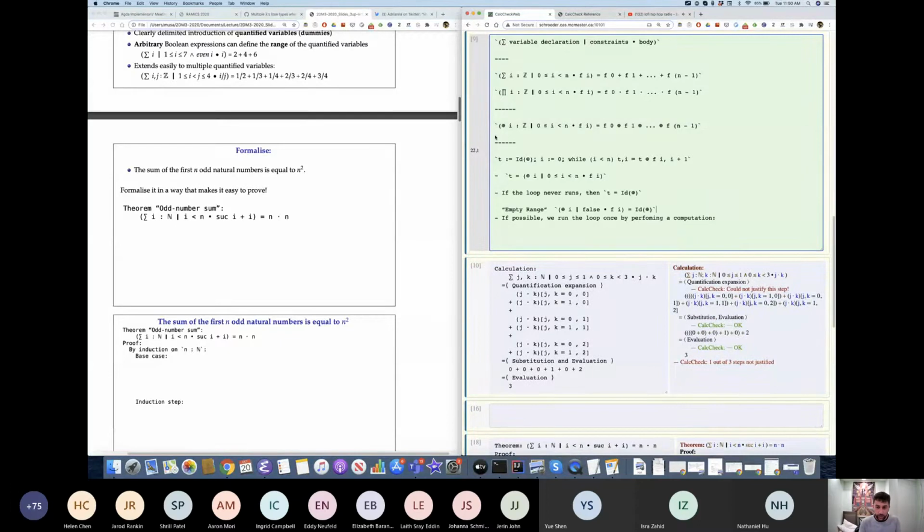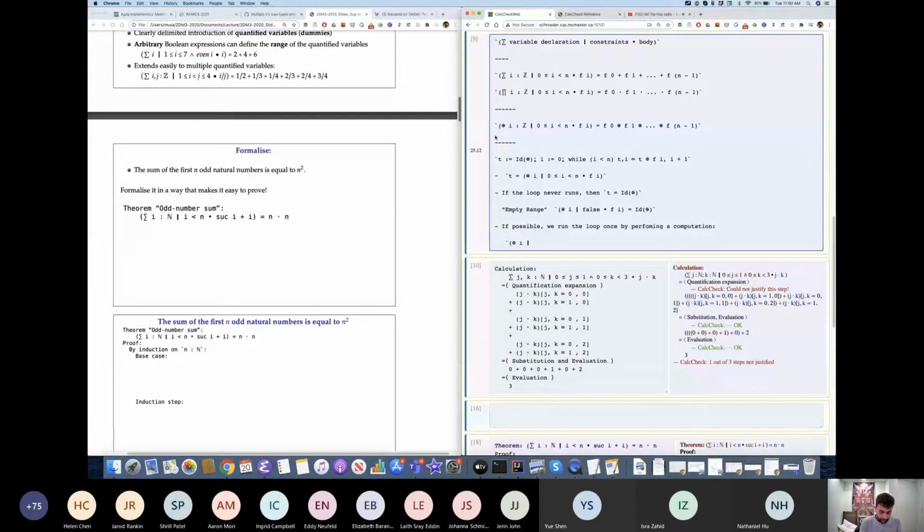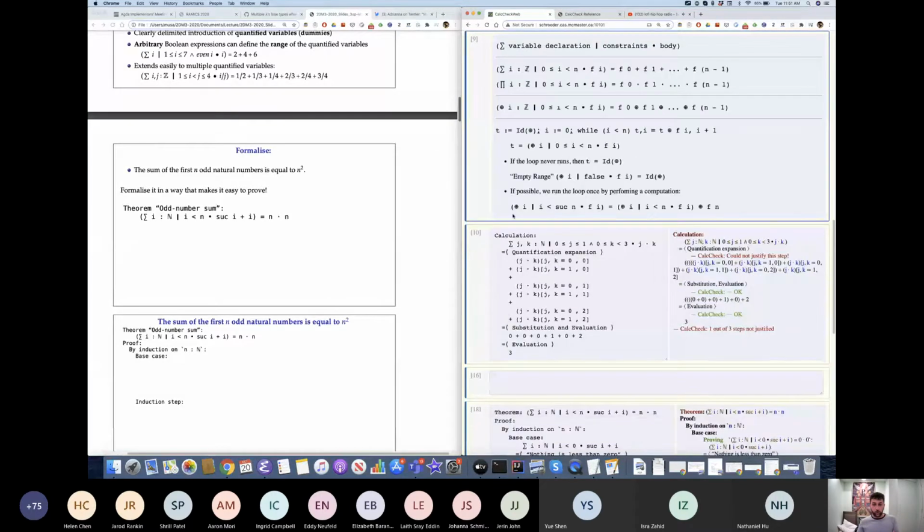If I have O plus I with I less than suc n spot f of I, then the way to execute this loop would be first I would do f at n, and then I would do the rest of the loop: O plus I with I less than n spot f of I. A property of our loops is that when you can perform a step of the loop, you perform that, and then you do the rest of the loop.